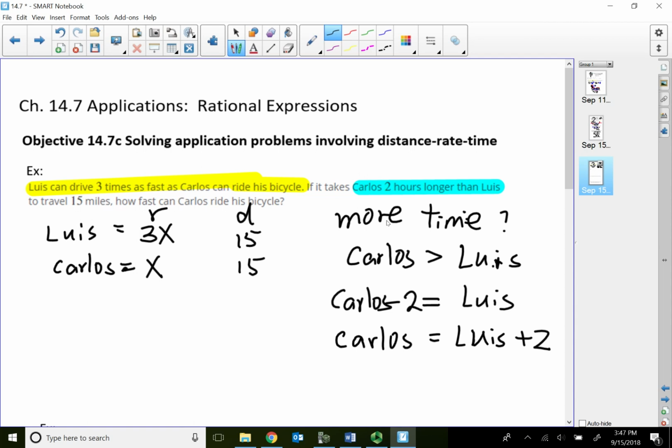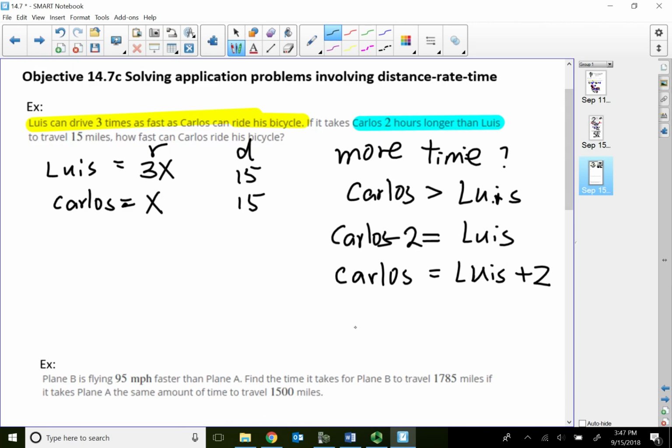Or we can say, if it takes Carlos 2 hours longer than Luis, that means the difference between their times has to be 2 hours. Carlos takes 2 additional hours, so the difference between their times has to equal 2 hours. That's the concept we're going to use to write out the equation: the time it takes Carlos minus the time it takes Luis.